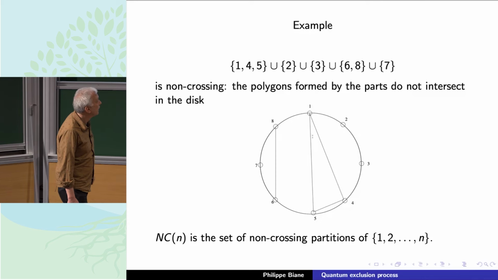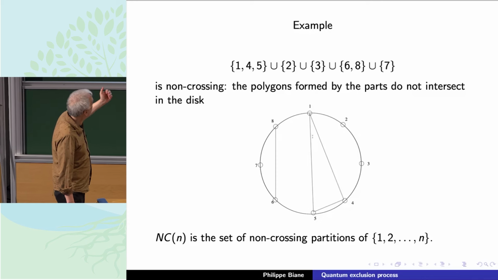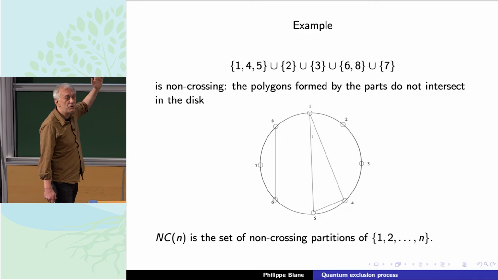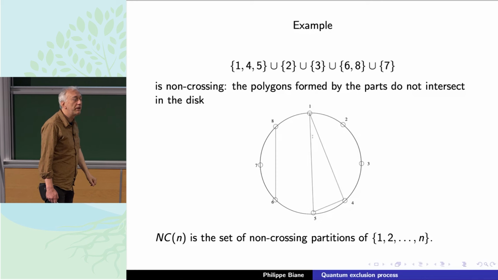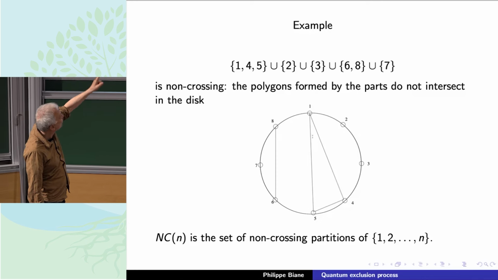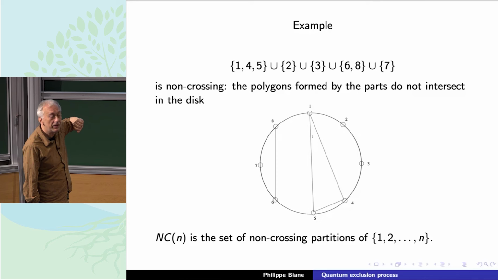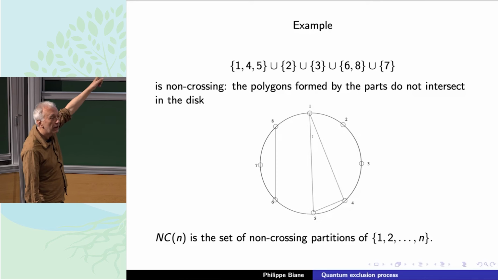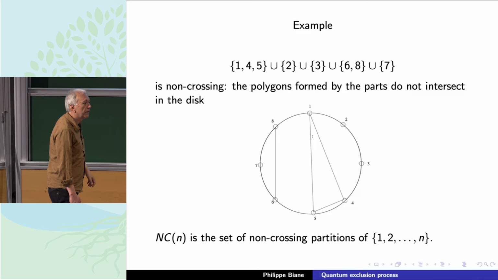The partition is non-crossing exactly when these polygons are disjoint, that is, they do not cross. For example, if I choose to put 2 in the same part as 6 and 8 in this diagram, then I would produce crossings, and my partition would not be a non-crossing partition.